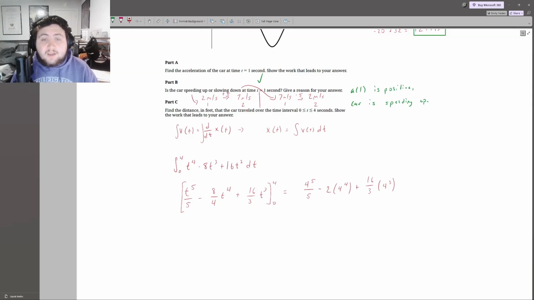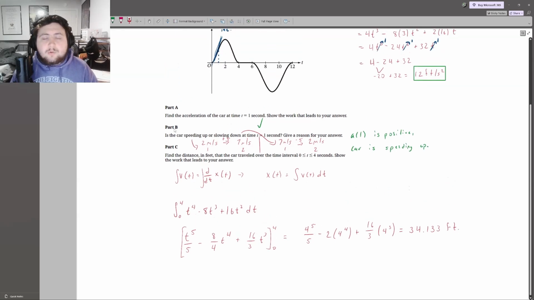Now we are permitted a calculator on this section. So if you plug this into your calculator, or whatever is permitted at the time of taking this exam, you will see that it is 34.133 feet. That is the total distance covered between time step 0 and time step 4.